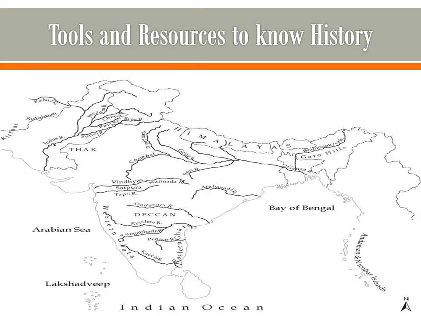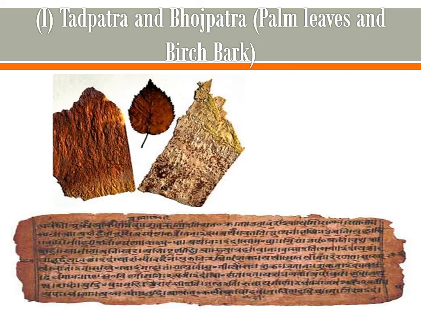Now what are the different tools to know history? Let's read them. The first tool is manuscripts. We studied that manuscripts are scripts which are written manually, but we did not study on which things they were written.